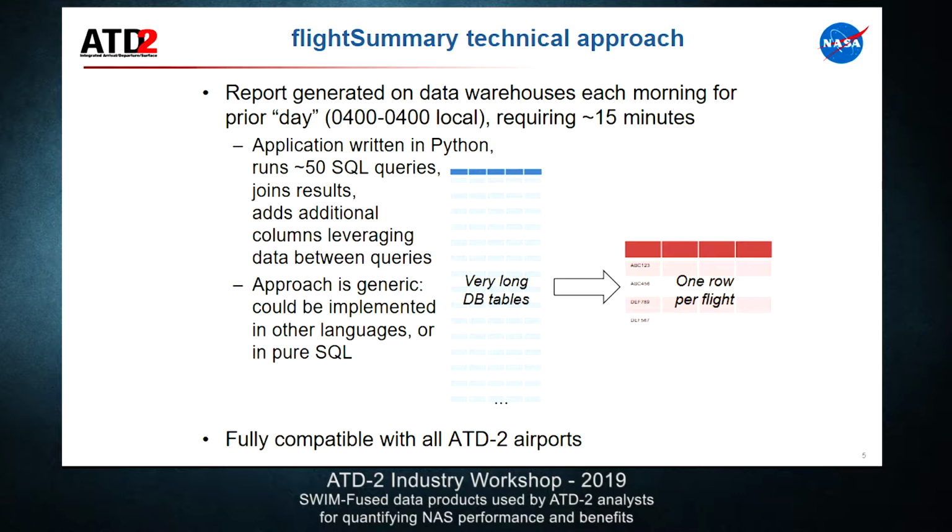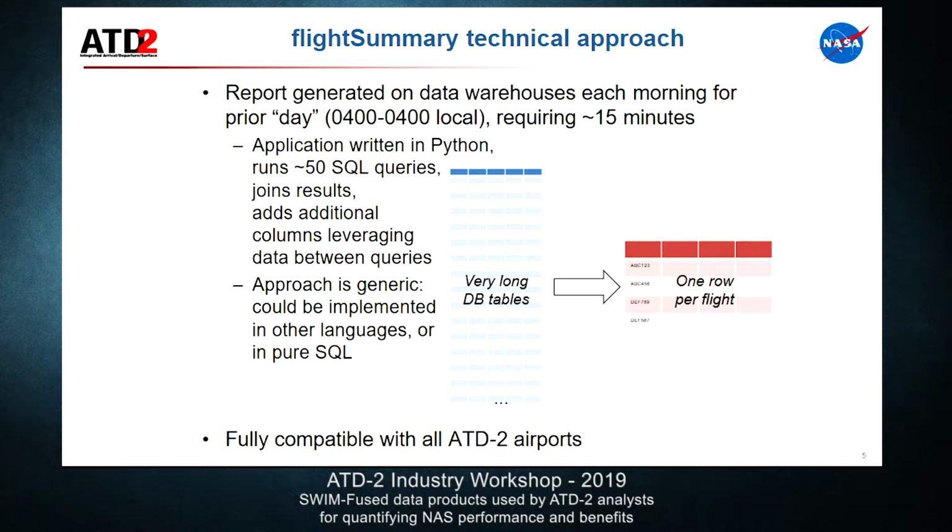We treat a day as 4 a.m. local to 4 a.m. local, trying to find a point in time when the airport is very quiet, so we don't have flights rolling over from one day to another. We run this big script that takes 15 to 20 minutes, depending on the load on the server. It's written in Python. It runs a bunch of SQL queries against the database, asking all these questions and combining all the results into this big table.